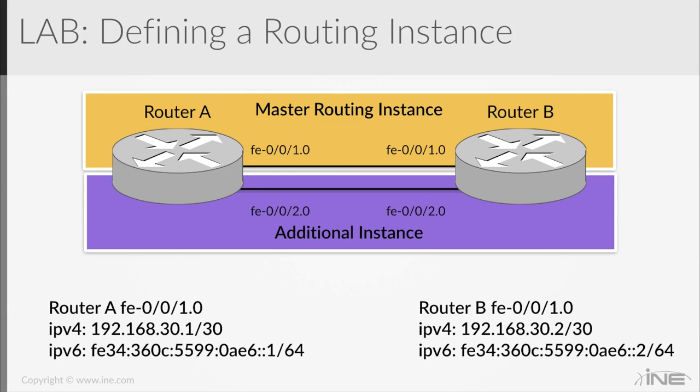Actually, no, we start with something else. I will not assume that you have a clean router. I will assume that you have a lot of configuration from following all the courses and practicing a lot. So I'm going to show you first how to wipe it out real fast and have a couple of fresh routers for this particular course.